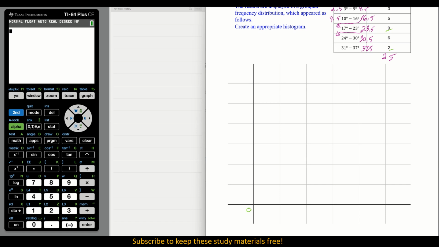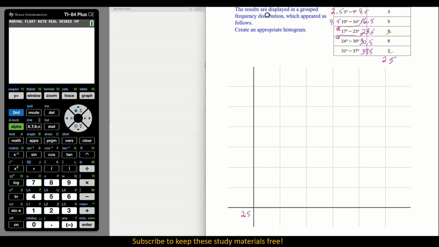Now, if you remember, we don't want to start at 0. What we want to look at is we need 2.5. So this is not a coordinate. We're not doing a coordinate plane. So let's go with this. That means right here that we are going to start with 2.5. And then from 2.5, because our intervals, let's see, I believe our actual class size is 6. Let me see here if they are or not.